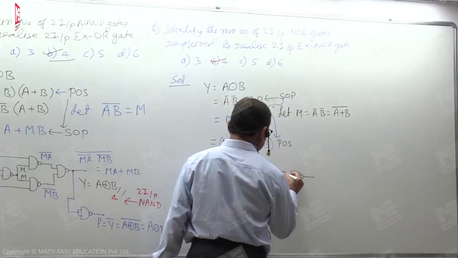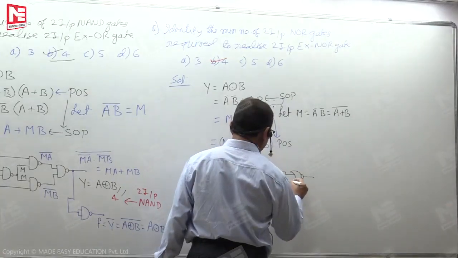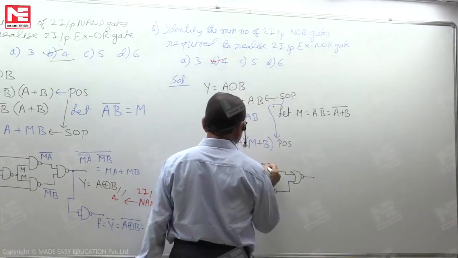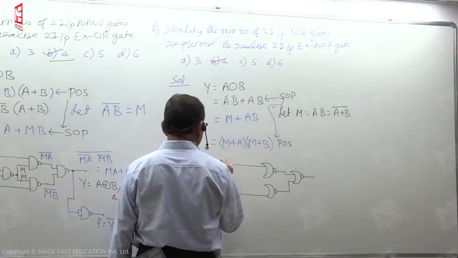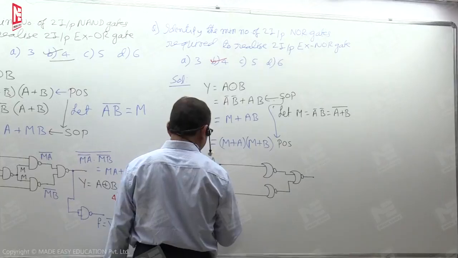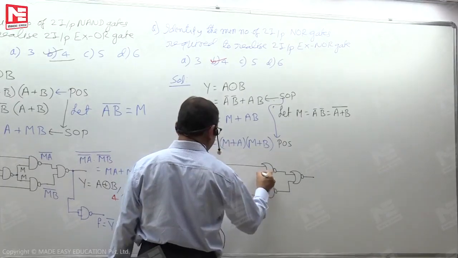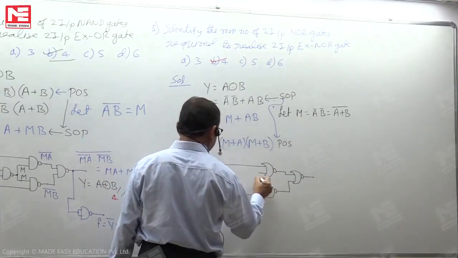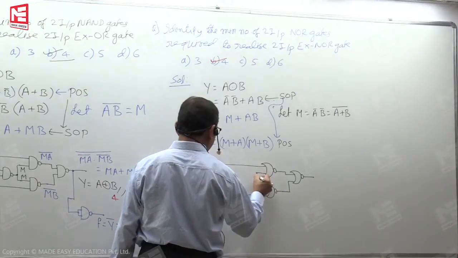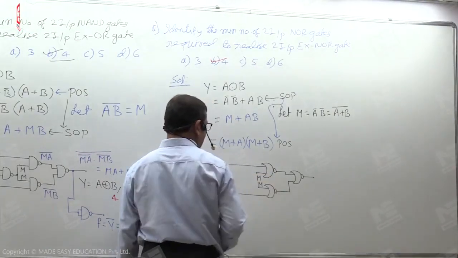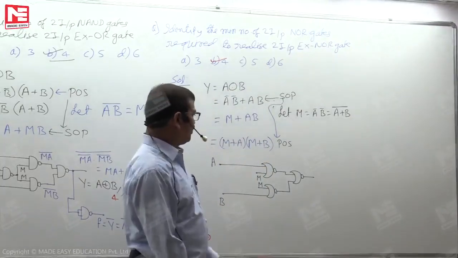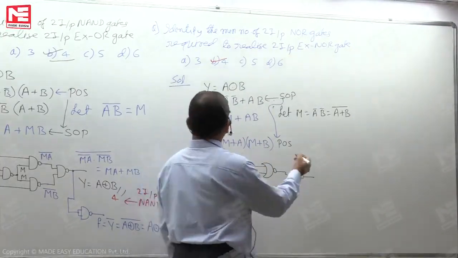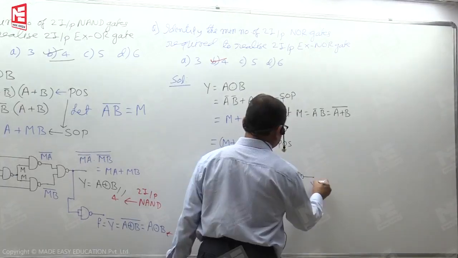At level 2, of course, only one NOR gate. The inputs: here A, here B, and for both these gates, one common input, that common input is M. It's a two-level NOR circuit, and without any verification we can say this must be Y.